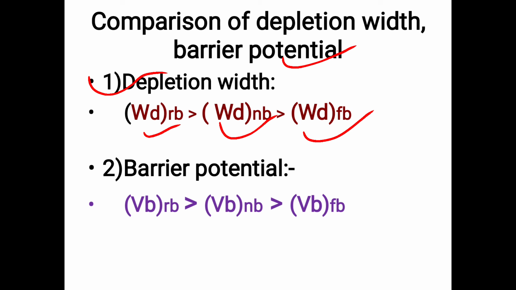Among them, the width of the depletion region is higher in case of the reverse biased PN junction diode. And if you compare the barrier potential for all the biasing conditions, then also you will find that the barrier potential for the reverse biased PN junction diode is higher than the no biased condition and the forward biased condition.